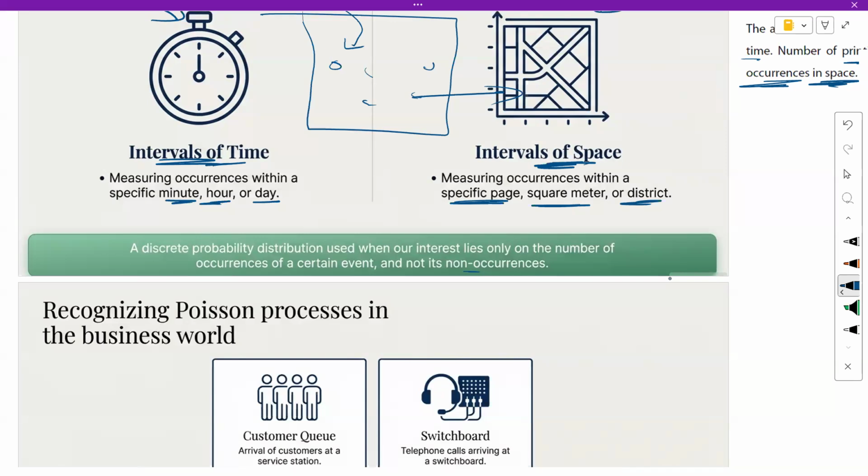At an ATM, we are considering how many customers visit, not how many customers are not visiting. How many messages you are receiving; we can't say how many messages we are not receiving. Those are impossible. So in the Poisson distribution, we are not considering non-occurrences.